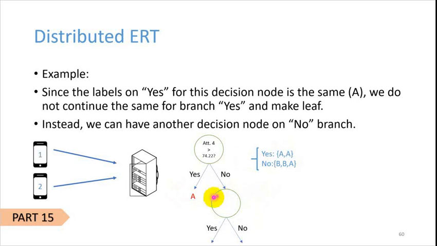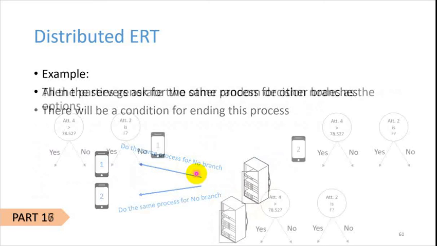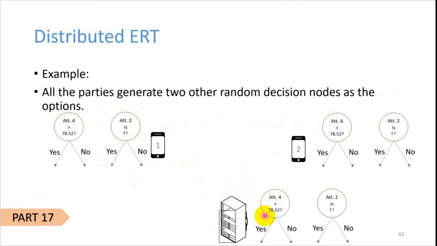We need another decision node in the no branch, and we need to do the same process for choosing this decision node. So the server asks for the same process for the no branch and sends a request to those computational nodes. Those computational nodes and the server will randomly generate two other decision node options.